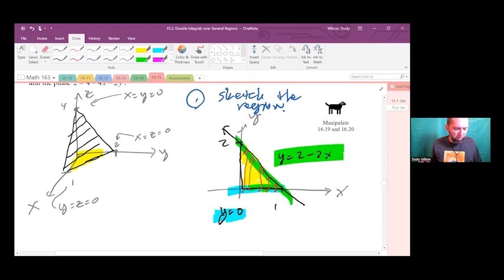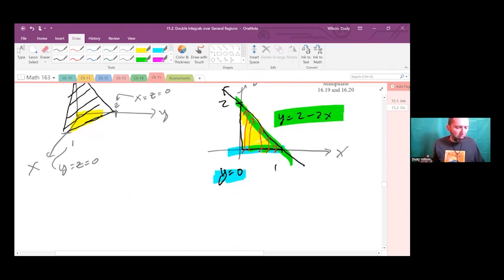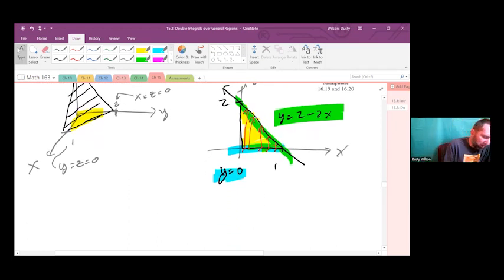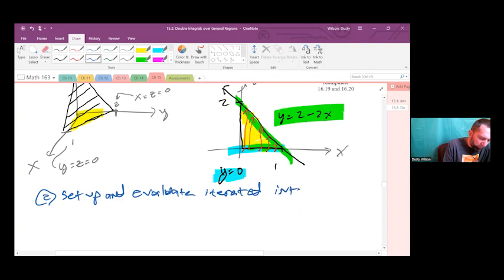Step 2 is to set up and evaluate our iterated integral. So here we would say our volume will be equal to the integral.